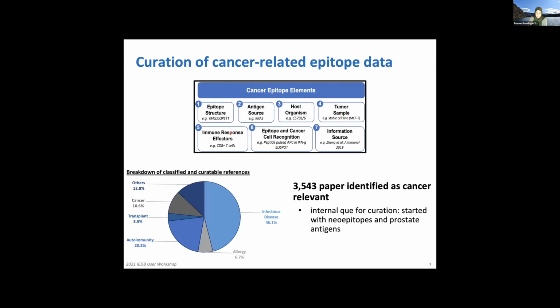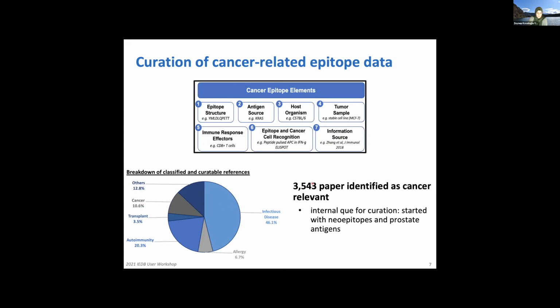We have details about the experimental assay that was used to describe the epitope and the immune cells that were involved, and also details about the study that published the epitope. So for each epitope we curate and capture from the literature, we try to capture all these details whenever they are available.